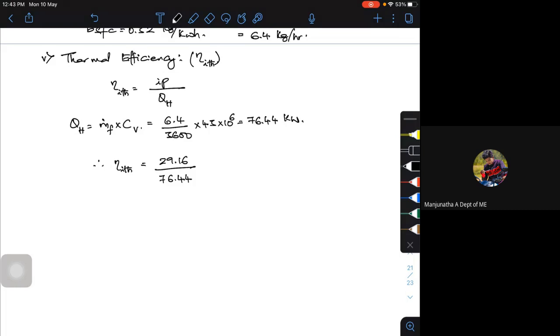So just 29.16 divided by 76.44, I am getting around 38.147, so 38.15%. This is the indicated thermal efficiency.